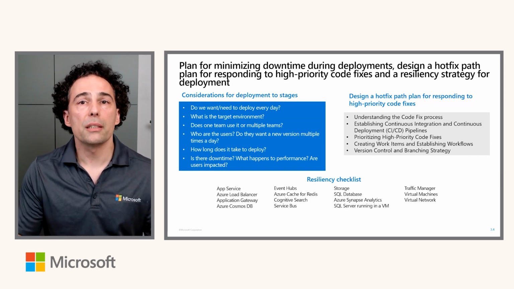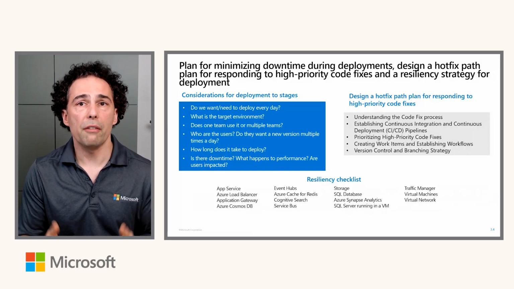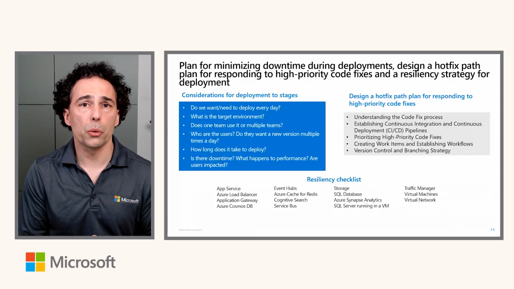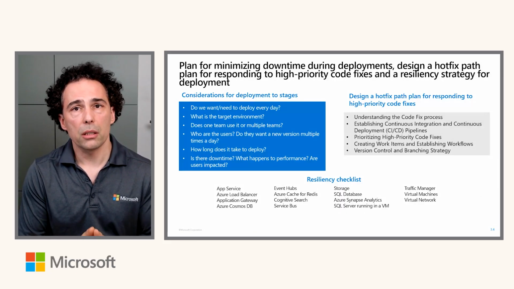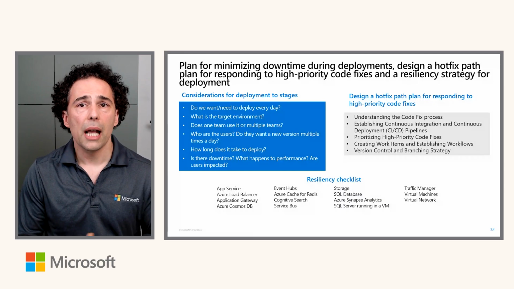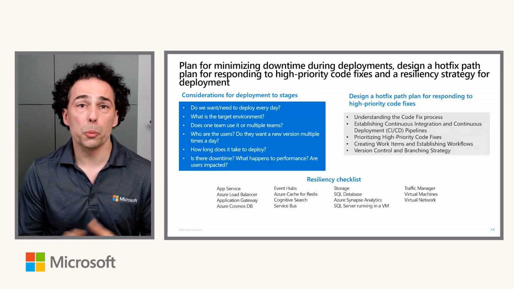Review the resiliency checklist for some services on Azure, such as app services, event hubs, and Azure Storage. You should make sure that your app can deal with failures, scale up or scale down, and recover from disasters. And these services would all help you out with some built-in features to prevent or minimize downtime.